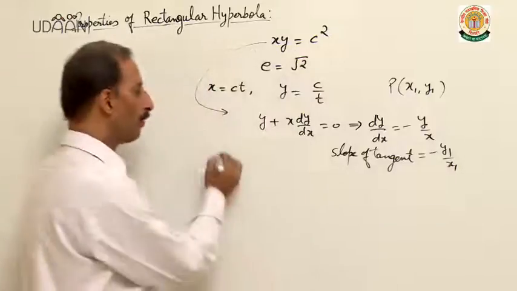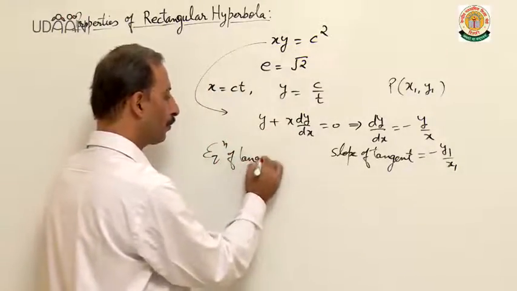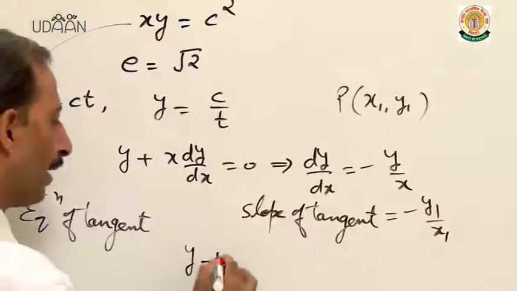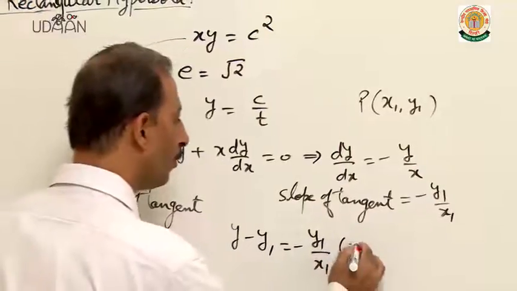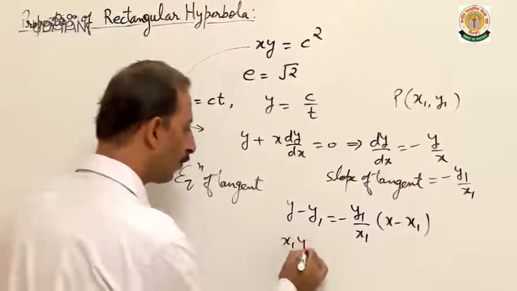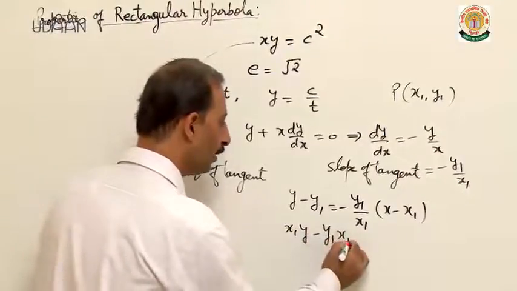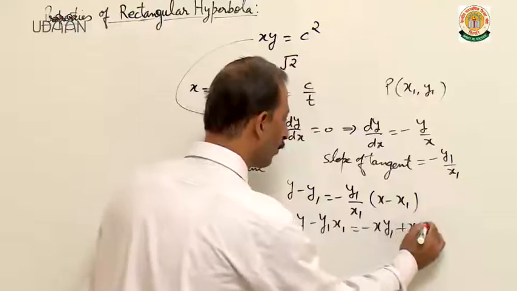So equation of tangent you will get in point form: y minus y1 is equal to minus y1 upon x1 into x minus x1. Simplify this: x1 y minus x1 y1 is equal to minus x y1 plus x1 y1.